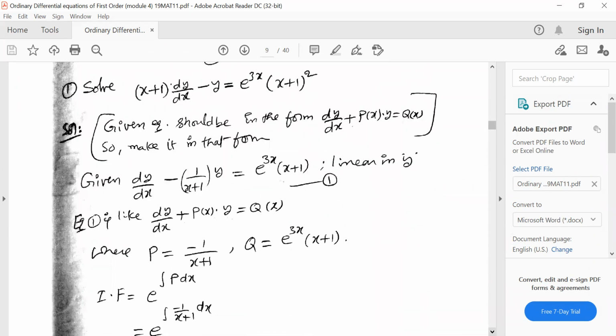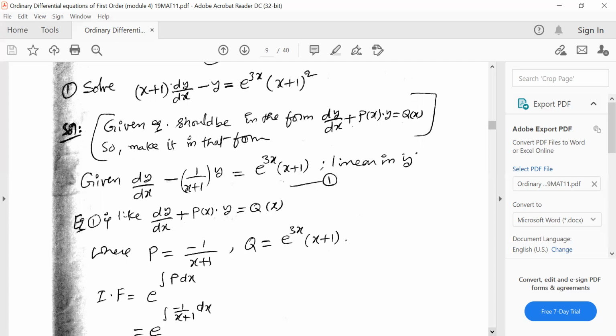So we'll see one question now. Solve (x plus 1) into dy by dx minus y equals e power 3x into (x plus 1) whole square. By seeing this differential equation, we cannot immediately come to a conclusion. Slowly we have to observe and find out which method it falls under. If we observe, it is close to linear.